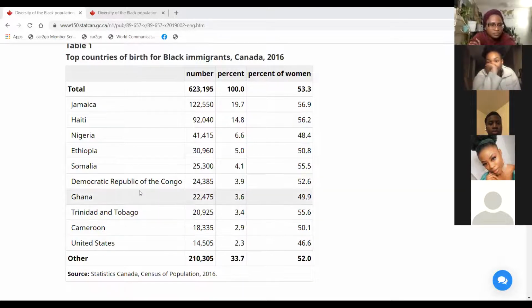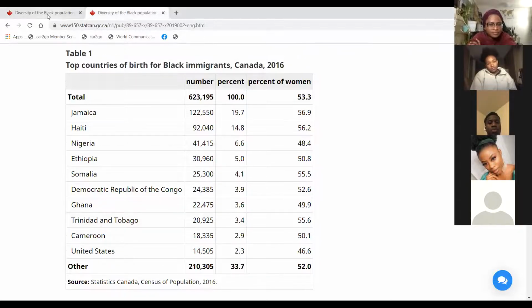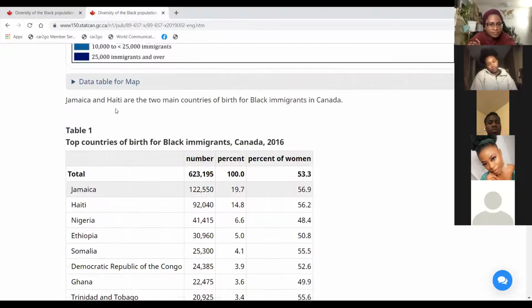We're now beating Ghana and Trinidad. Sorry, Congo's on top of you now. Cameroon and the United States. But out of these groups too, the government still does make some distinctions. Yes, we're all Black coming from either the Caribbean or Africa, but there are some distinctions.